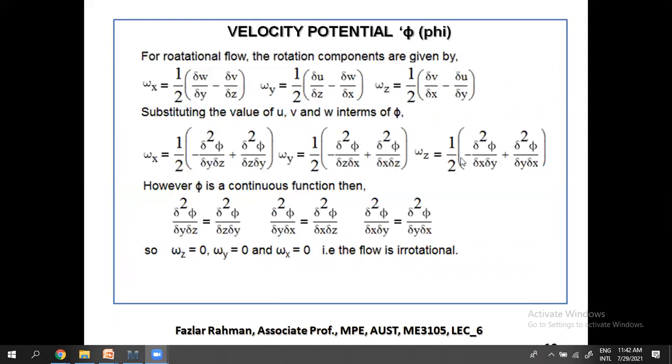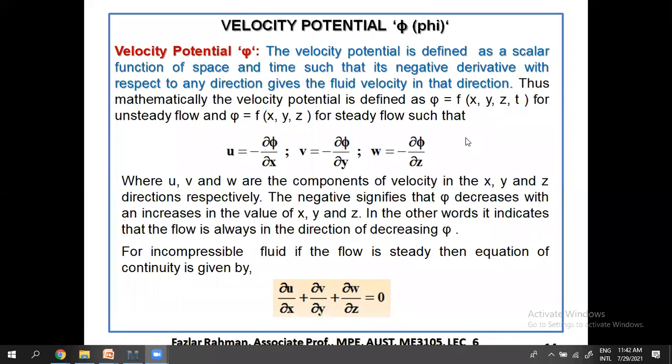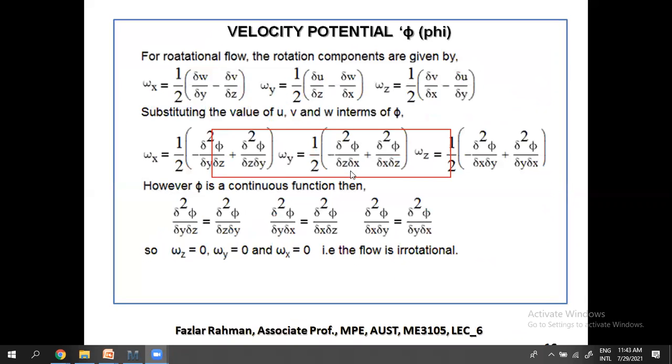Now, what is our rotational vector? The rotational vector is this one. Wx equal to this one, this is Wz. Now, you see, we know the u and v. This is u, this is v, this is w, right? So we can substitute w, v, u by those equations.